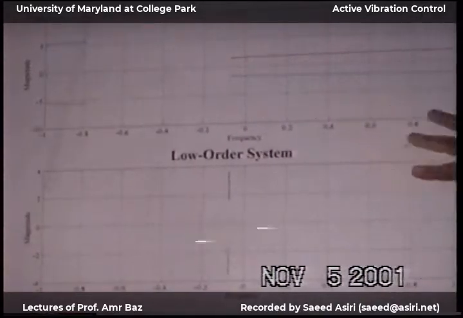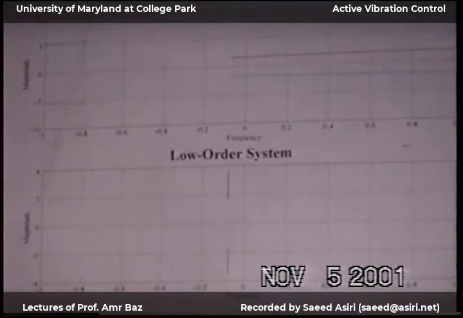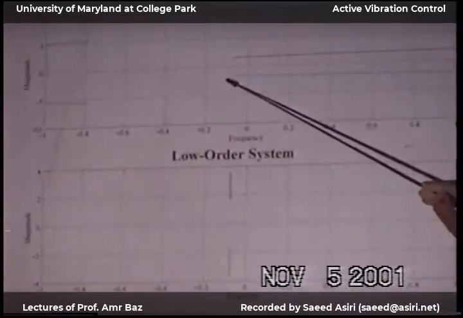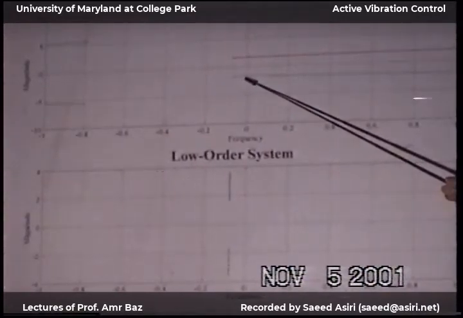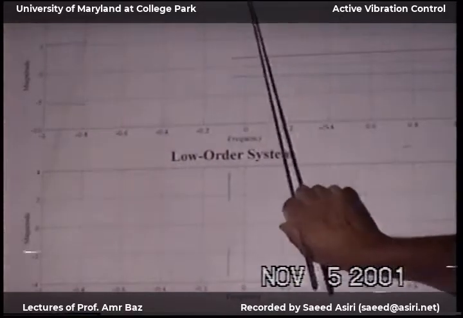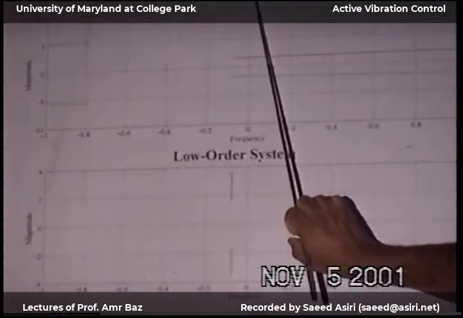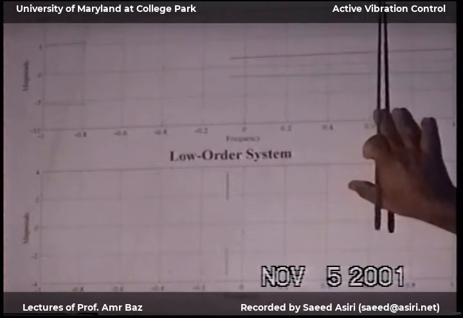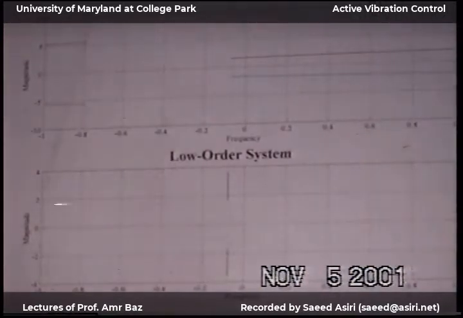There are no zeros, so it will go to infinity. So from this point, I can increase the gain slightly until I hit this line. Then the roots become positive and the system becomes unstable.